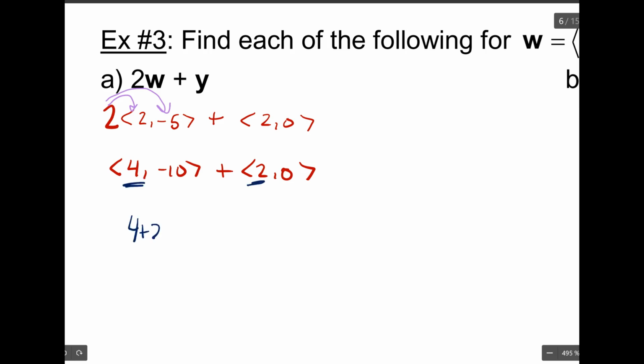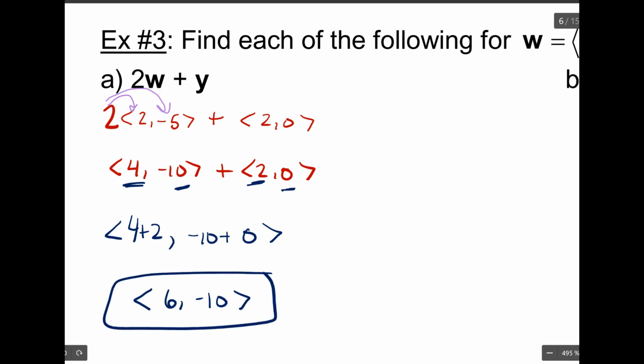So I have 4 plus 2, and then negative 10 plus 0. So our vector at the end is going to be 6 comma negative 10. Cool. And then that's it. We found the resultant vector.